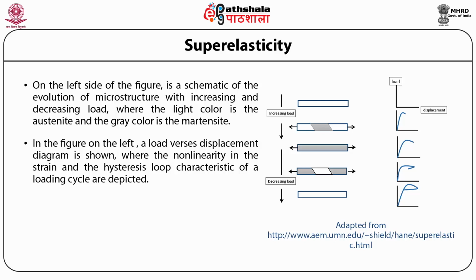Strain which was induced because of transformation to martensite is seen to be completely recoverable when the load is removed. This elasticity seen because of recoverable strain transformation is called superelasticity.